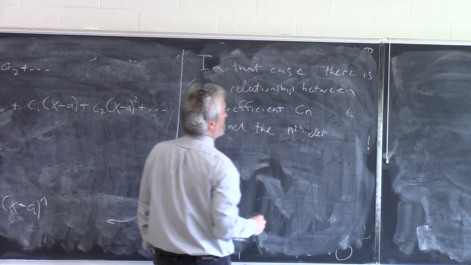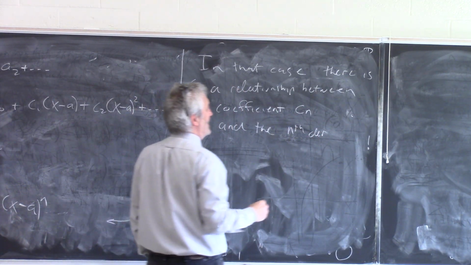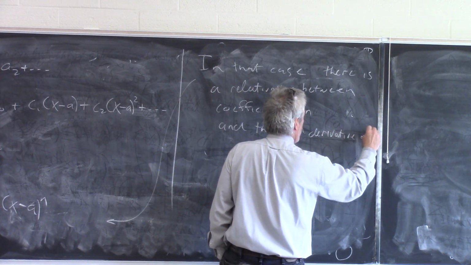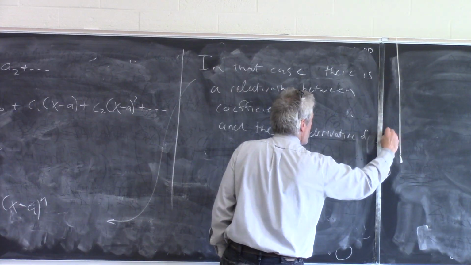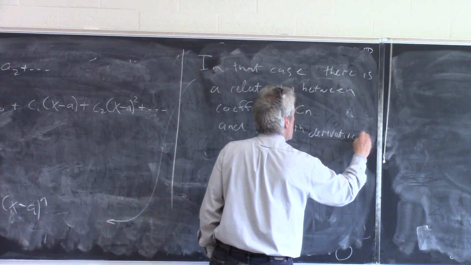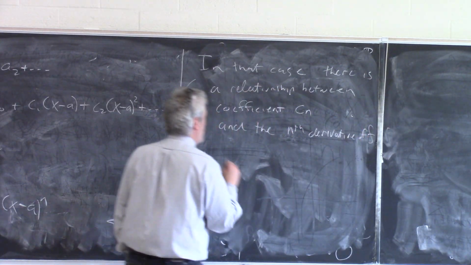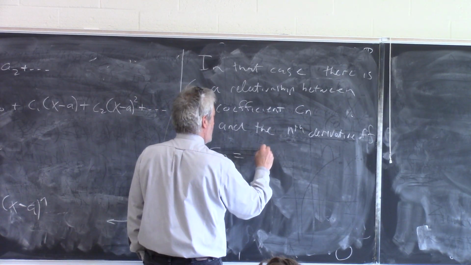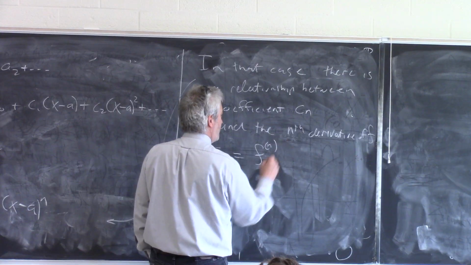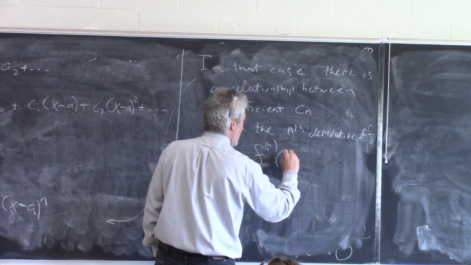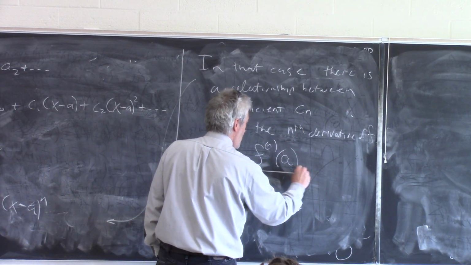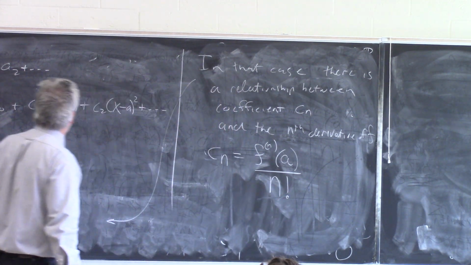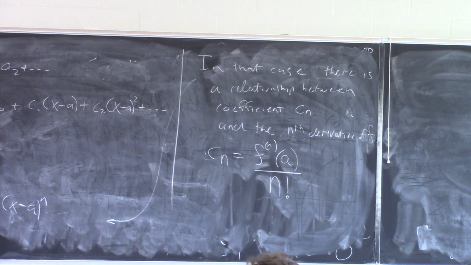So the relationship is between Cn and the nth derivative of f. So that nth coefficient is this. You take the nth derivative of f, and you substitute in x equals a, and you divide by n factorial.